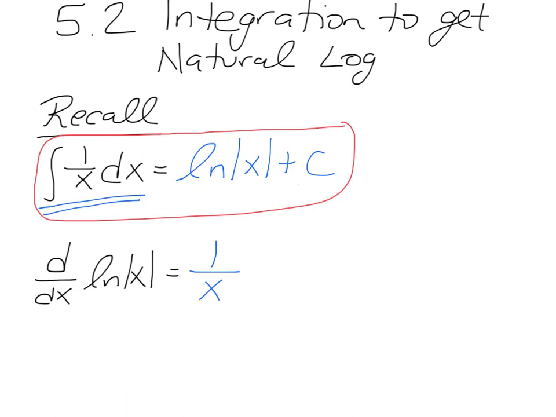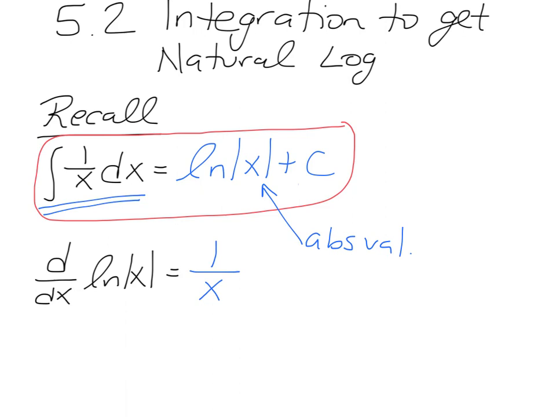Just a quick side thing, we always have absolute values. We always include the absolute values with our rule. Kind of the quick and dirty way of why that works is we know that the natural log of x and the natural log of absolute value of x both give us 1 over x as a derivative. So as part of our rule, we're going to include or use the function that has the biggest domain, that applies to the most values of x.